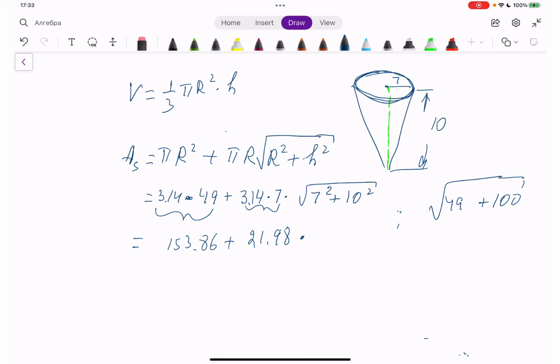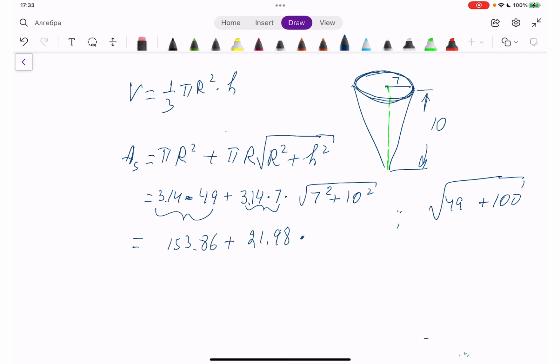149. How much is going to be square root of 149? Let me see. 149, and if we take square root, it's 12.20, I think.